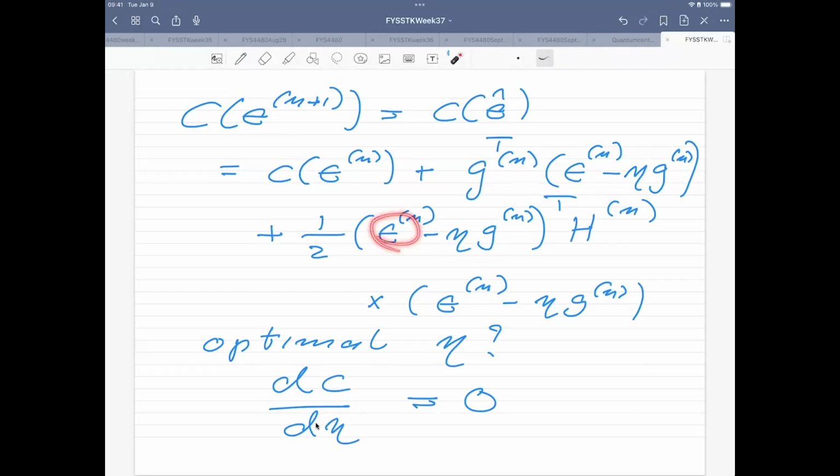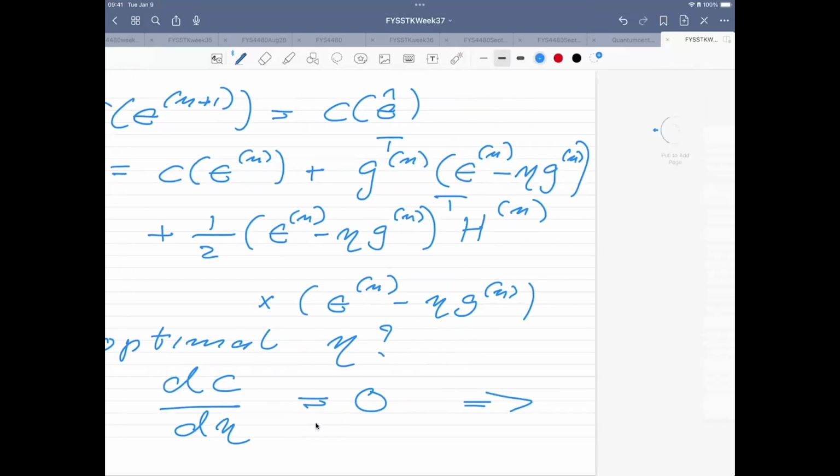This does not depend on eta, this does not, this does not. So it's only this term and that term which come into play. And there we have eta squared. Take the derivative, get 2 divided by 2. That means that when we do this, we get a nice expression for eta.